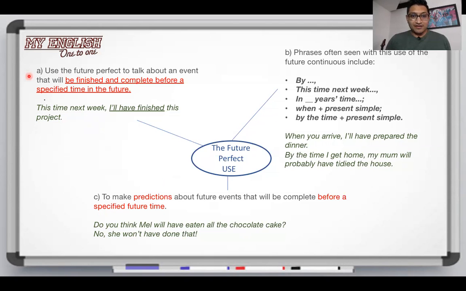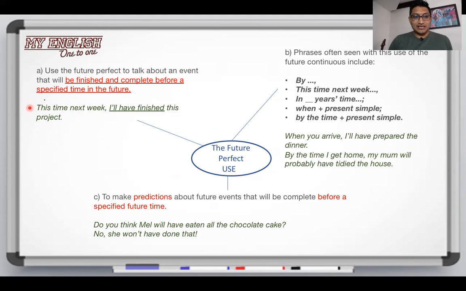Use the future perfect to talk about an event that will be finished and complete before a specified time in the future. For example, this time next week, I'll have finished this project.